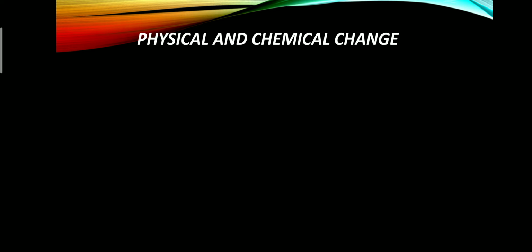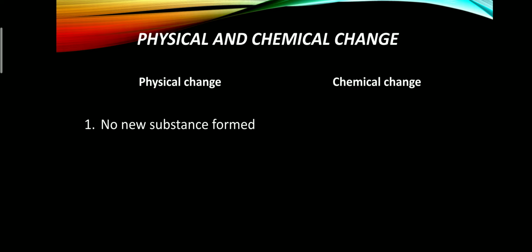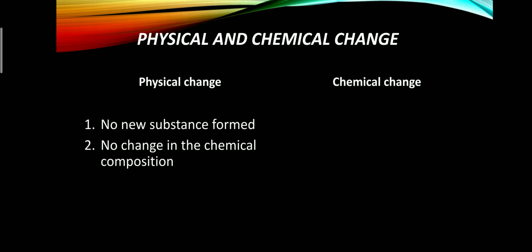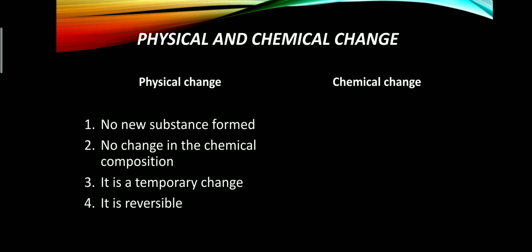So what are the differences between physical and chemical change? Let's see it. First, physical change: no new substances formed and no change in the chemical composition, and it is a temporary change. It is reversible in most of the cases.